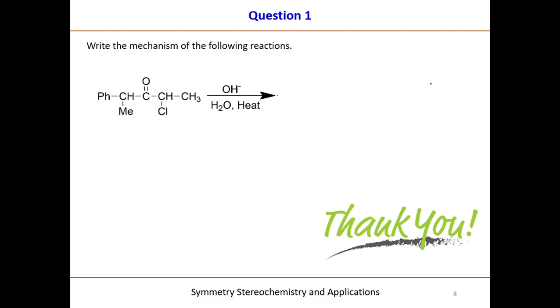Sorry. So this is another type of rearrangement reaction. Here we can see that we have an alpha haloketone, correct?